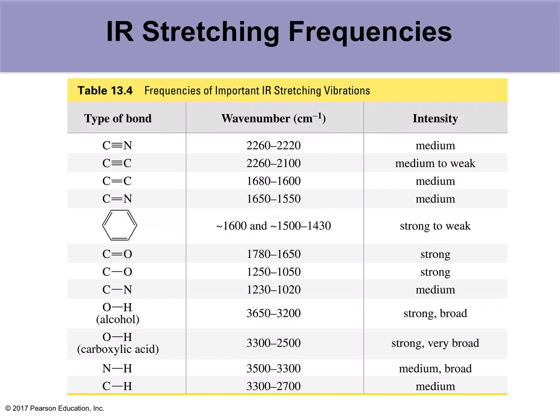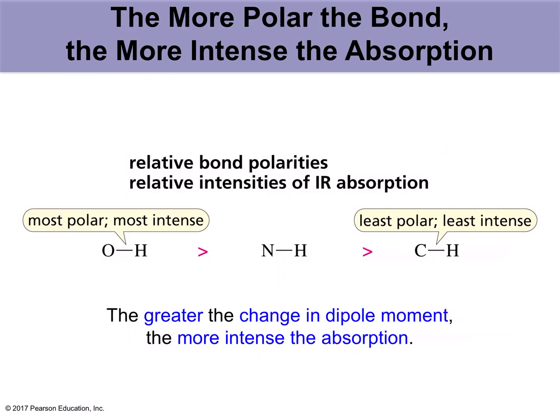so the intensity depends on the polarity of the bond. The more polar the bond, the more intense the absorption. That's what I told you, right? Relative bond polarities, relative intensities of IR absorption. So between OH, NH and carbon hydrogen, all of these atoms have hydrogen attached to them, and oxygen is more towards fluorine.